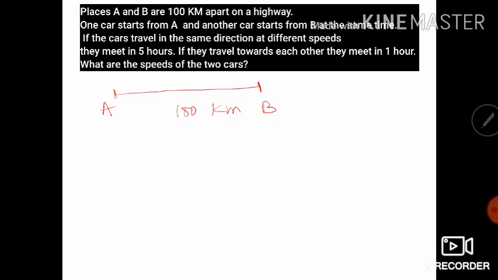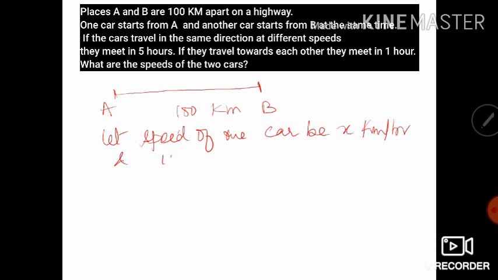If they travel towards each other, they meet in 1 hour. What are the speeds of the 2 cars? So we have to find the speeds of the 2 cars. Let us take our variables. Let the speed of one car be x kilometers per hour and the speed of the other car be y kilometers per hour.